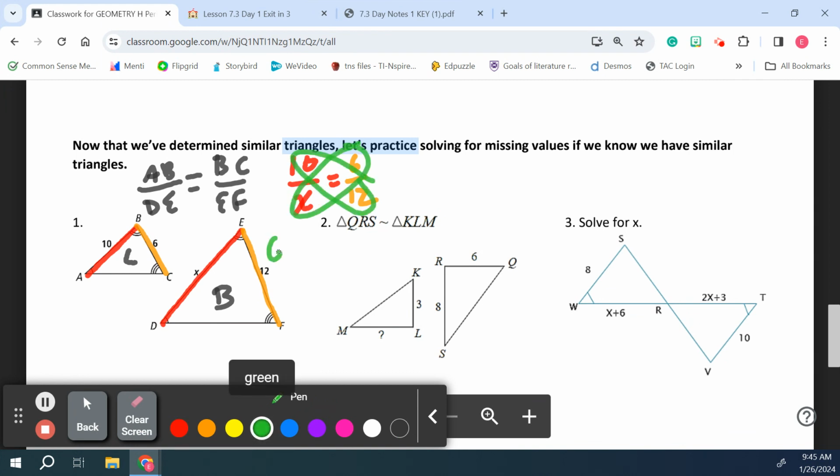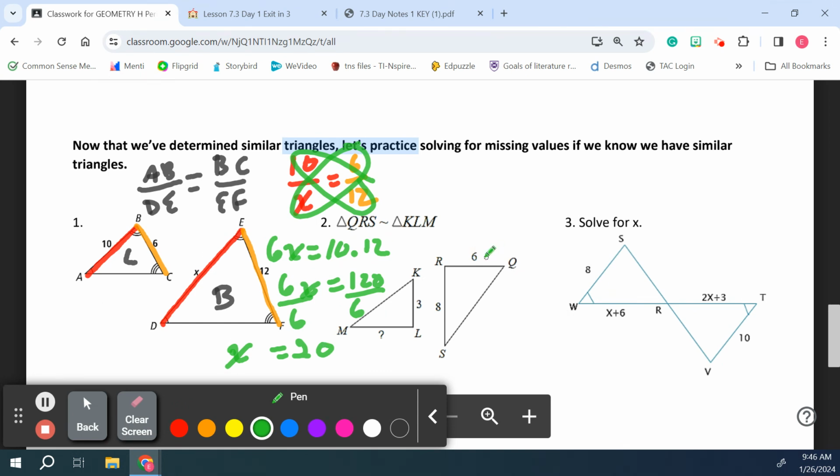So this is going to leave me with 6 times x equals 10 times 12, which is 6x equals 120. Divide both sides by 6, and that leaves me with x equals 20. Questions on that? Okay. I am going to clear the screen. Is anybody writing this down?